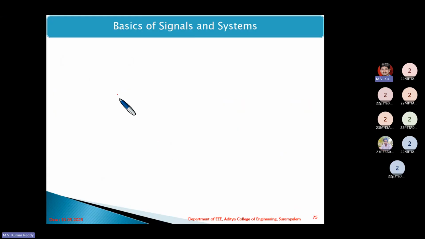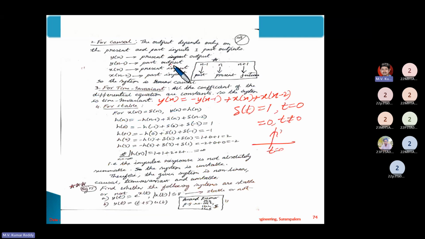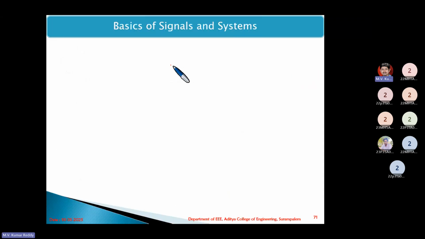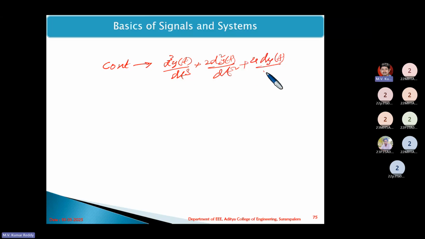Now see here, for the continuous equation, d cube y of t by dt cube plus 2 d square y of t by dt square plus 4 dy of t by dt is equal to x of t.